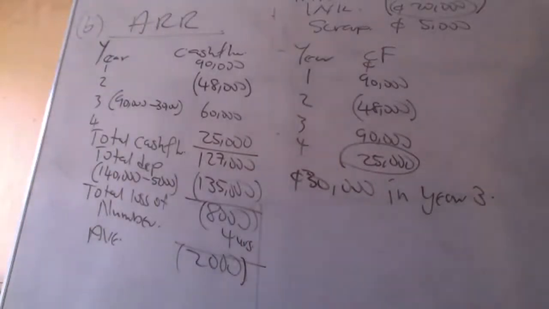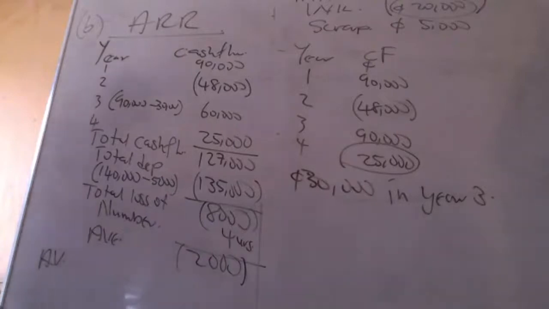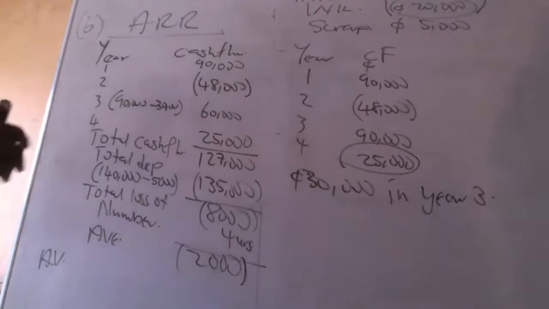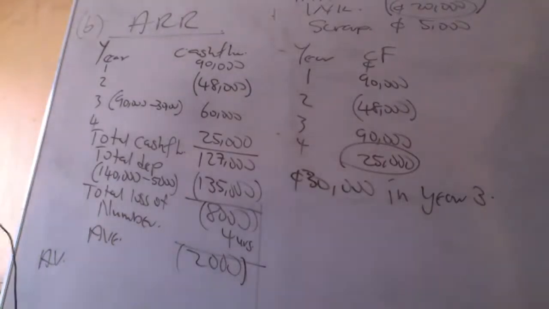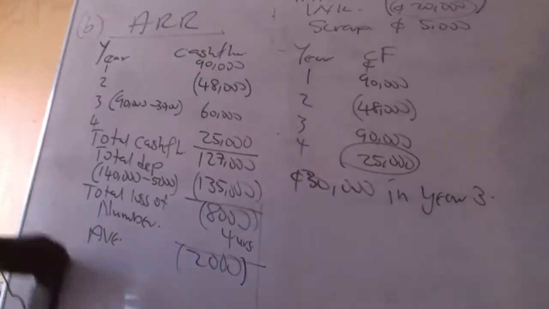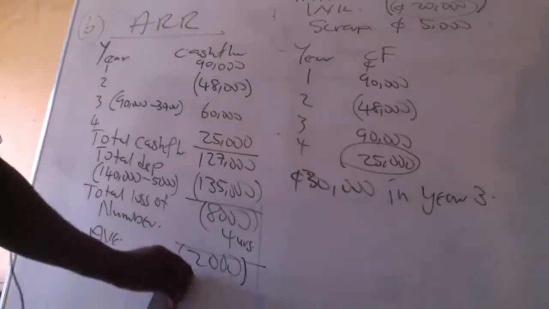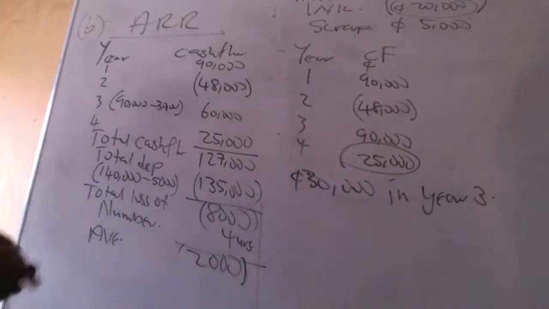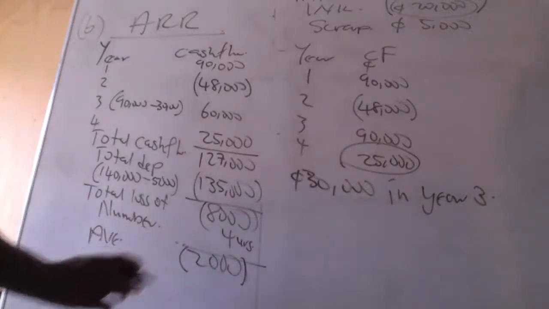So let's see the average investment. We saw that it's equal to the initial investment plus the scrap value, all divided by 2. If there's any working capital, you add it to it. So who can calculate the average investment for me? Yes, try.